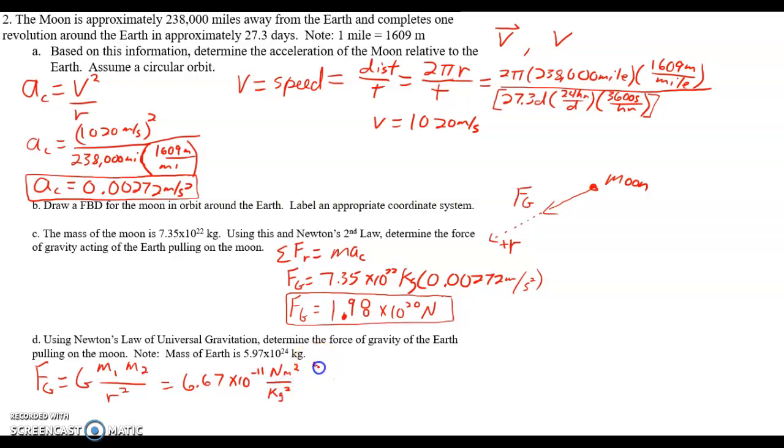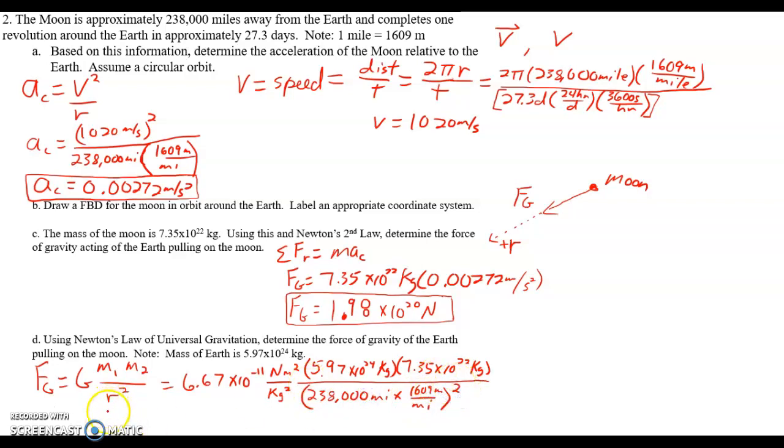And then we put in the mass of the Earth, times the mass of the moon, and then we divide by this distance. We have to square it.